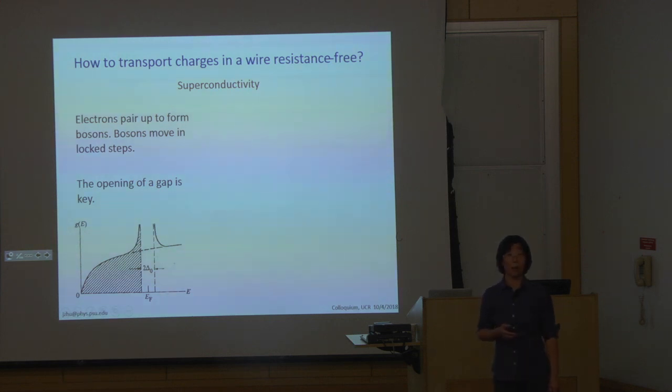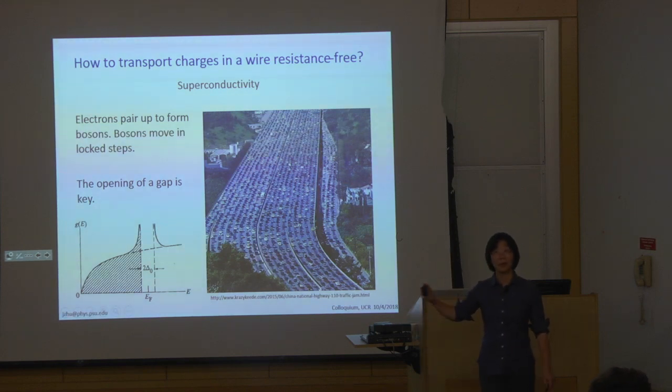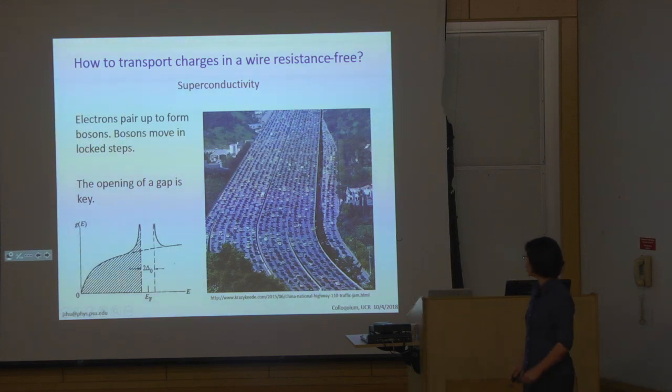And these bosons move in locked step, in a phase coherent fashion. If you imagine not the worst traffic jam ever, but rather a lot of bosons moving in locked step, all with the same velocity, then this would be perfectly flowing traffic.